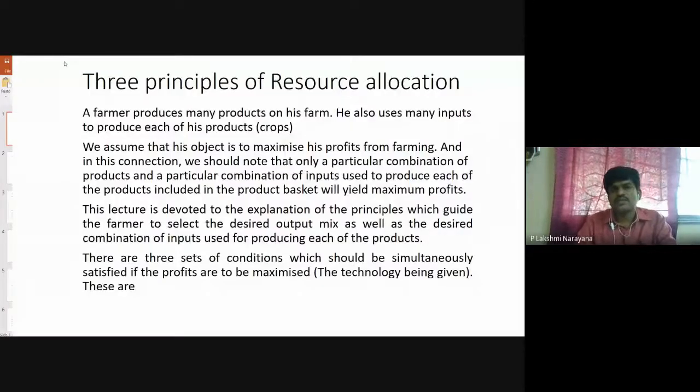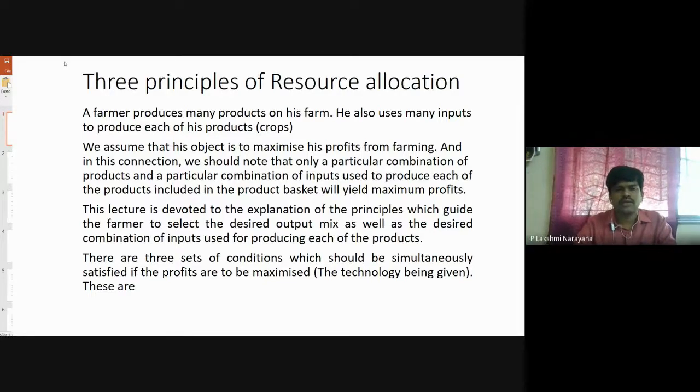Regarding resource use efficiency, there are three principles of resource allocation. You all know about the factors of production: land, labor, capital, and organization. Especially in agriculture, the main inputs are land and labor. Labor can be divided into two groups: hired labor and own labor.